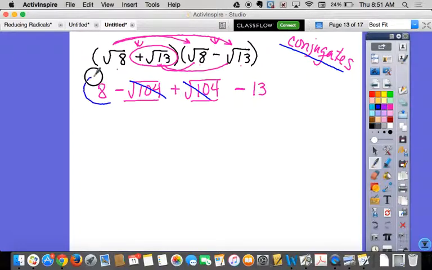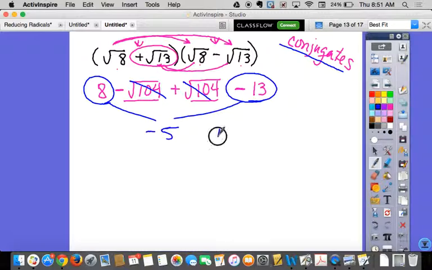When you finish and you complete your problem, whatever your terms are that are left, it's going to be a rational number. No more irrational, okay? No more square roots.